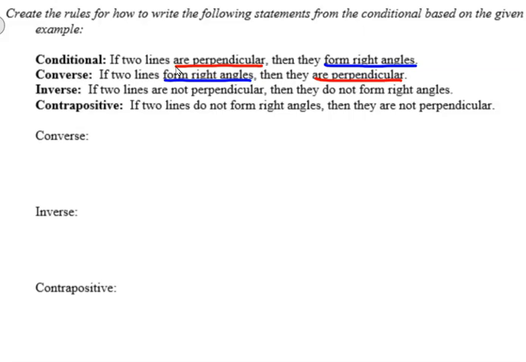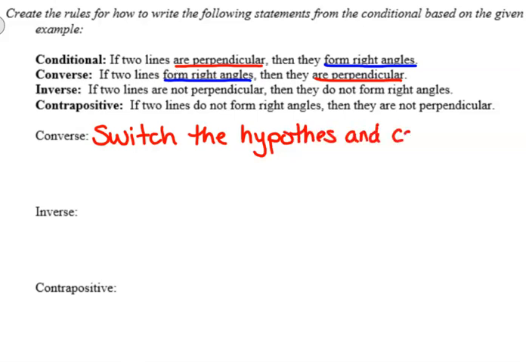So if you think about what we were just talking about above, to write the converse, I'm going to switch the hypothesis and conclusion. You don't have to switch every word. Notice they kept the 2 lines portion after the word if, but you want to make sure that you're switching the important parts about the hypothesis and the conclusion.